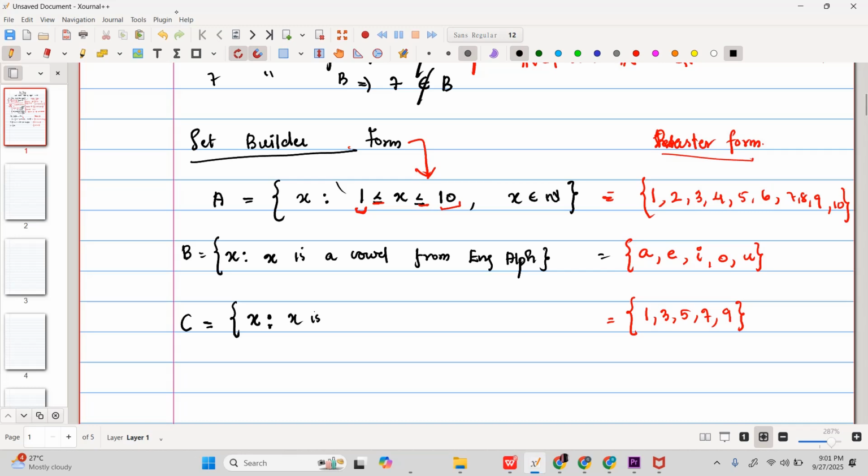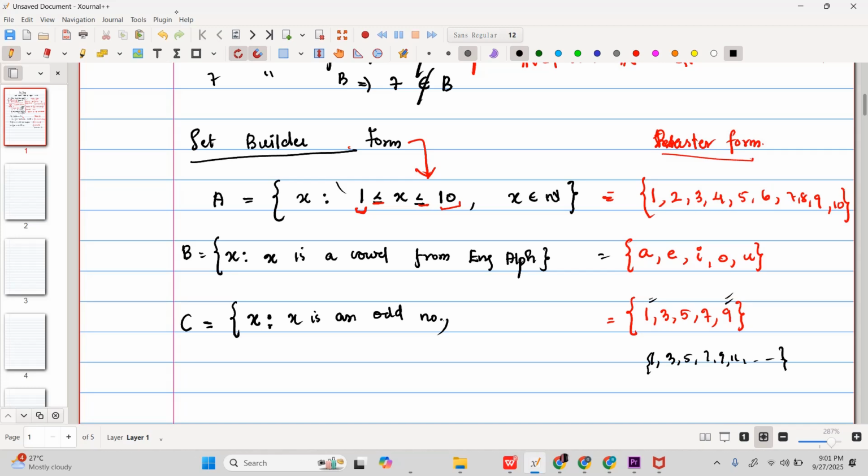So we can simply express it like this: x is an odd number, comma. It is not ending there, because if we are given only an odd number, it goes on like 1, 3, 5, 7, 9, 11, etc. We have to stop at 9, starting with 1 and ending at 9.